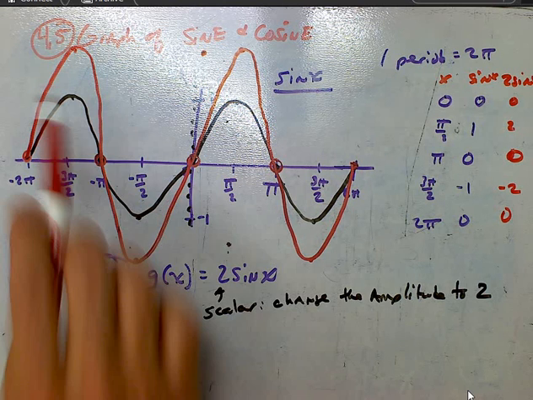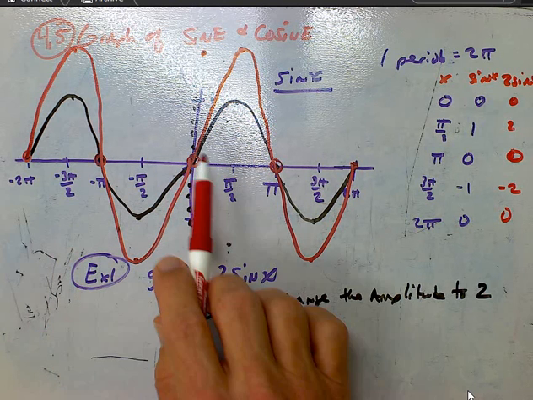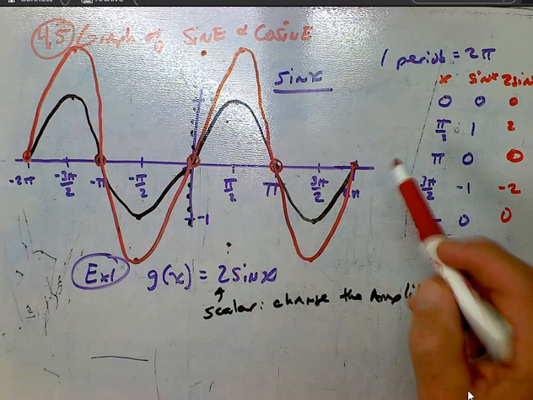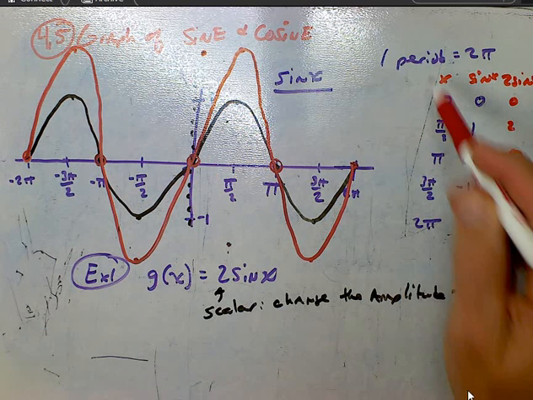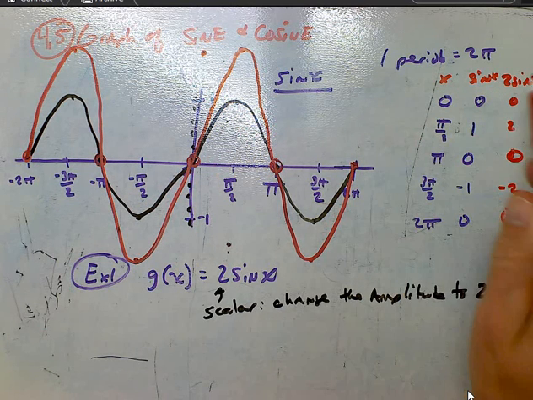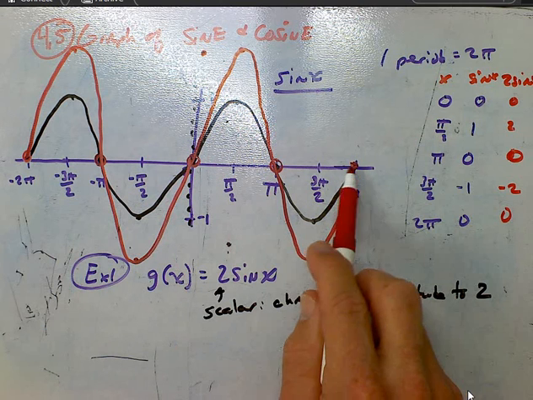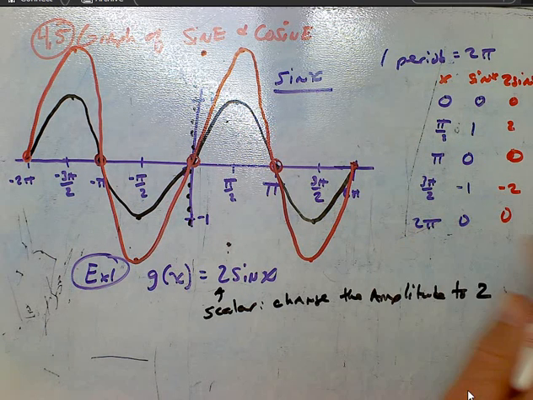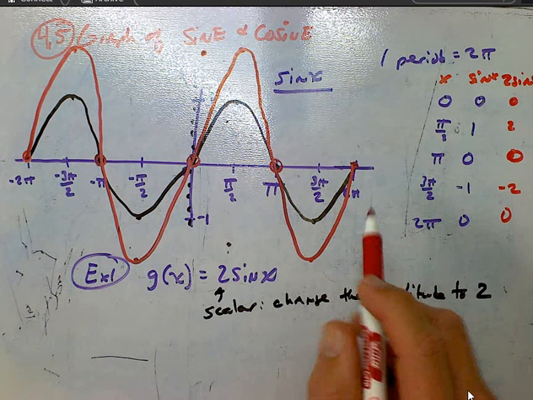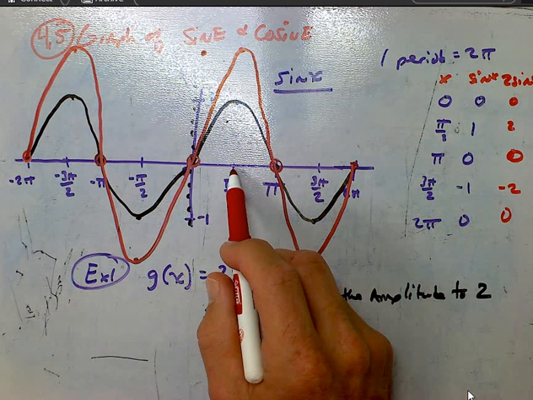So essentially, if I wanted to keep it going, I would just keep going up and down, where it goes through 0 at 0, pi, 2 pi, then continue 3 pi, 4 pi, 5 pi. It hits 0 every pi units. It'll hit 2 every 2 pi units at pi over 2.